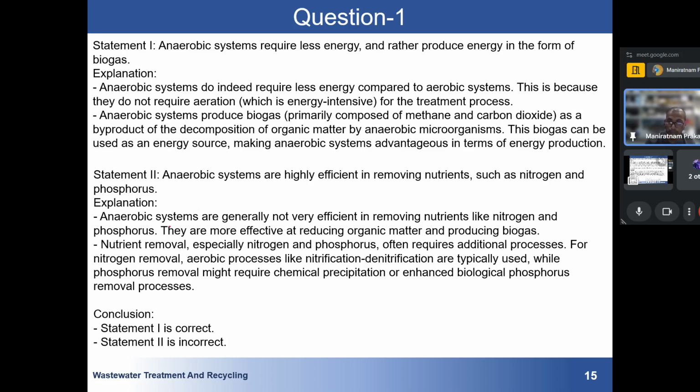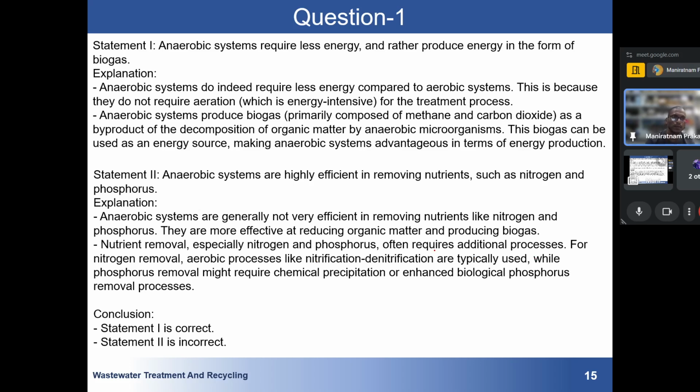Coming to the second statement, anaerobic systems are generally not very efficient in removing nutrients like nitrogen and phosphorus. They are more effective at reducing organic matter and producing biogas. Organic matter means they are mainly focused on carbon. They are not considering any other element which is present there, especially nitrogen, which often requires other processes.